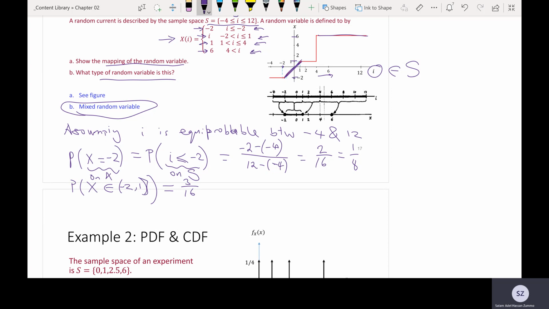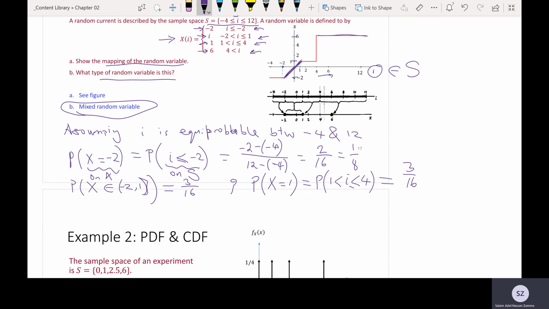What is the probability that x takes a specific value, equal to 0? Zero. What else? What is the probability that x equals the next value, 1? This is equal to the probability that x is between 1 and 4, which is again equal to 3 over 16.